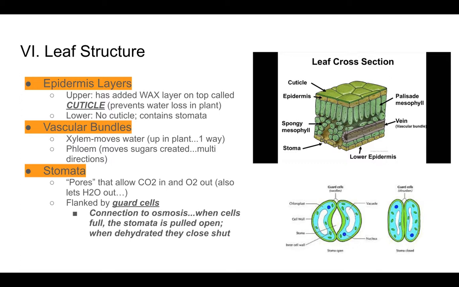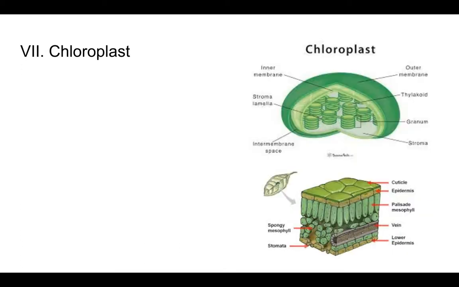So full guard cells full of water equals open stomata. Empty guard cells, no water, equals a closed stomata. So those are completely being controlled by water coming in or coming out of the cells.